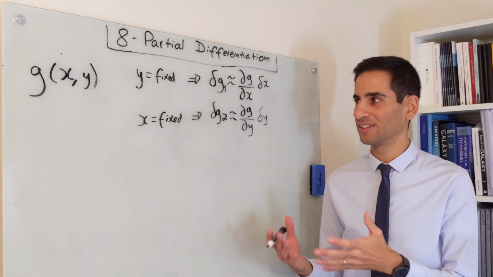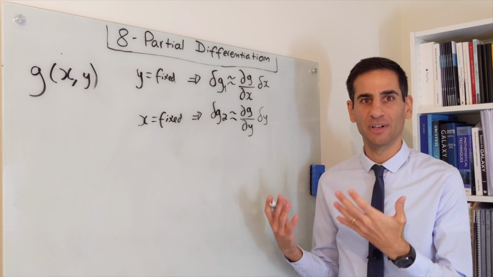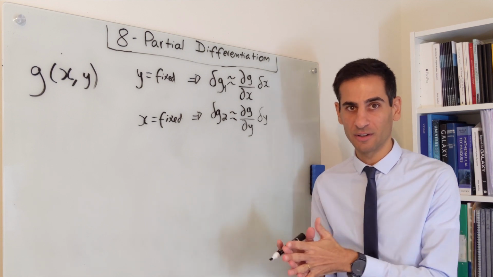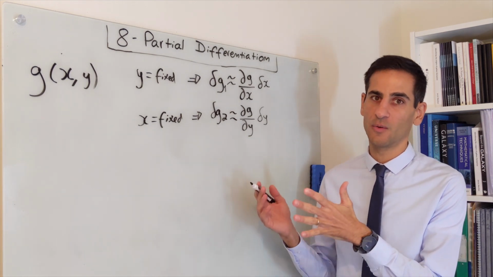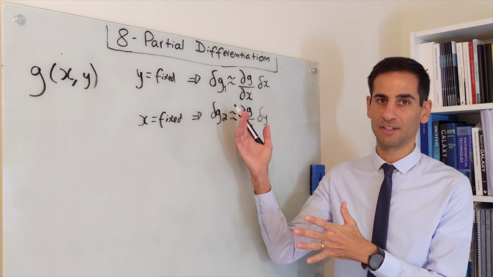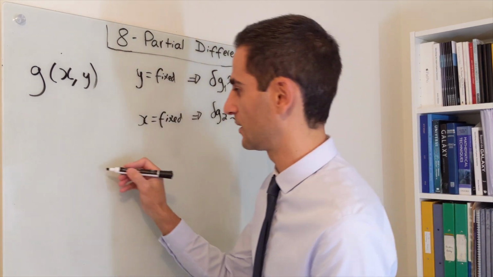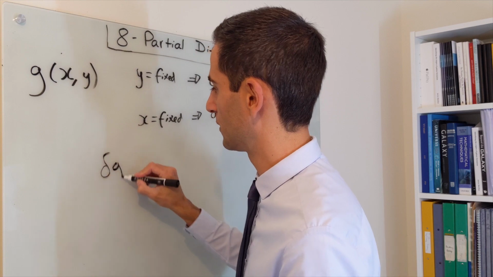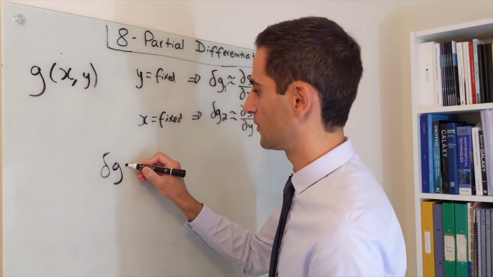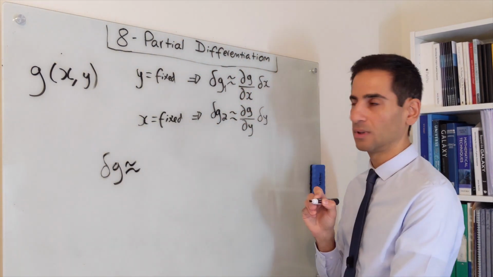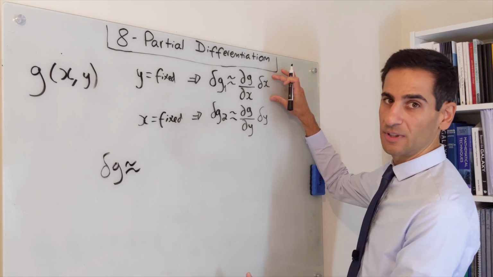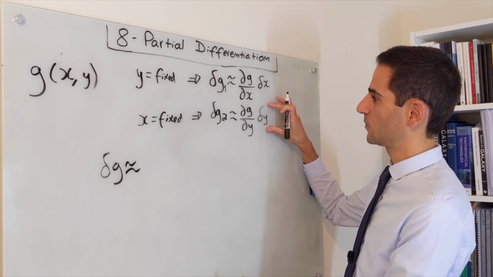In order to obtain the total differential, or the process that we'll call total differentiation, all we have to do is sum these. We'll say that the total change in g is approximately equal to the change when we fix y plus the change when we fix x.